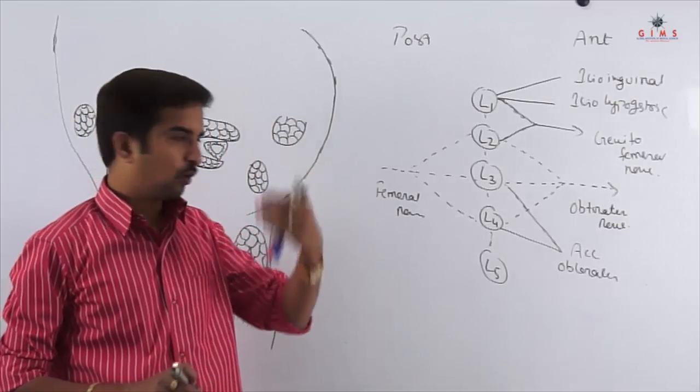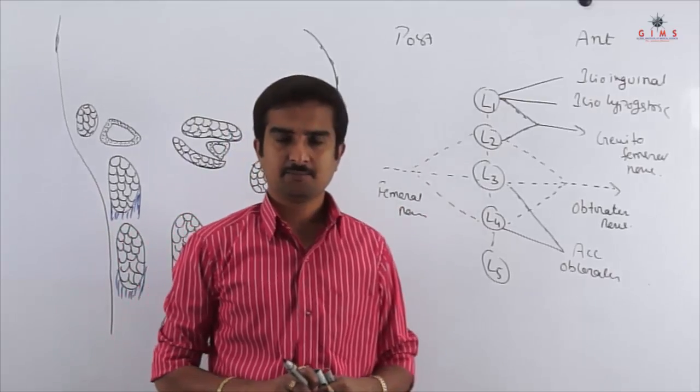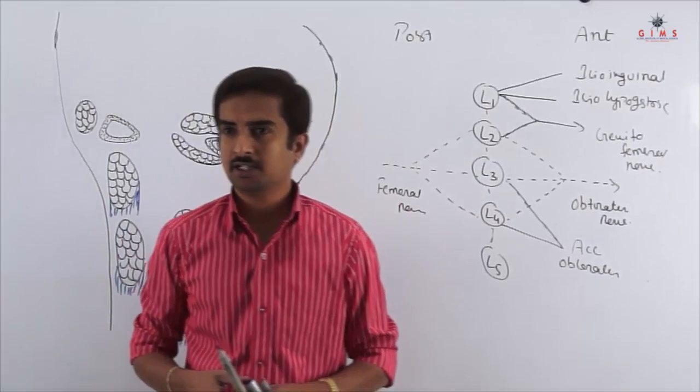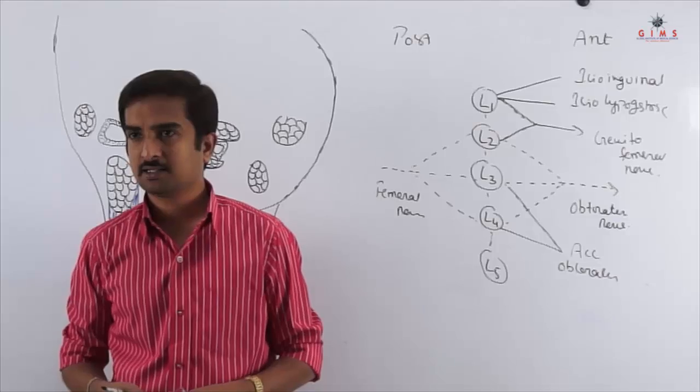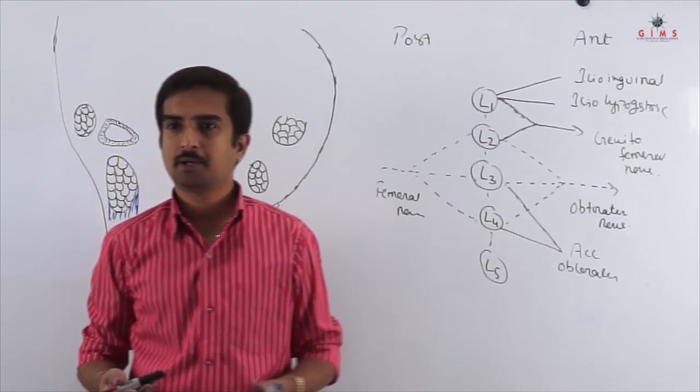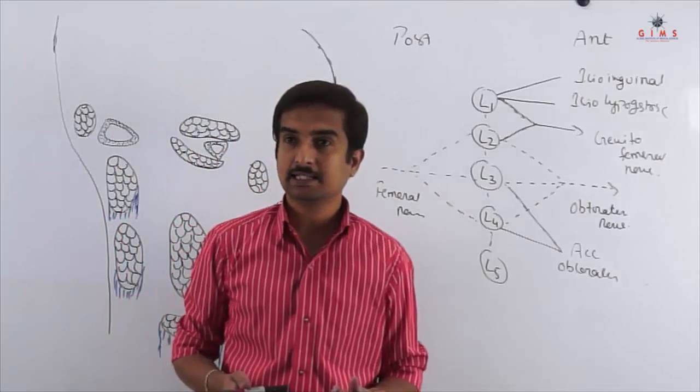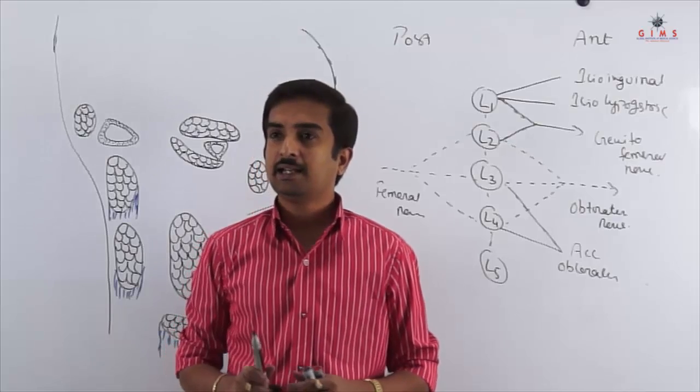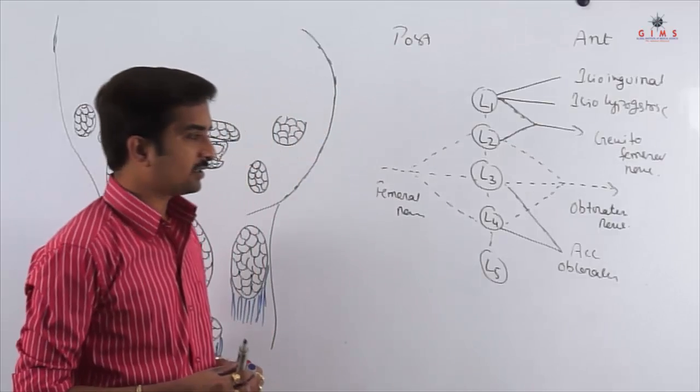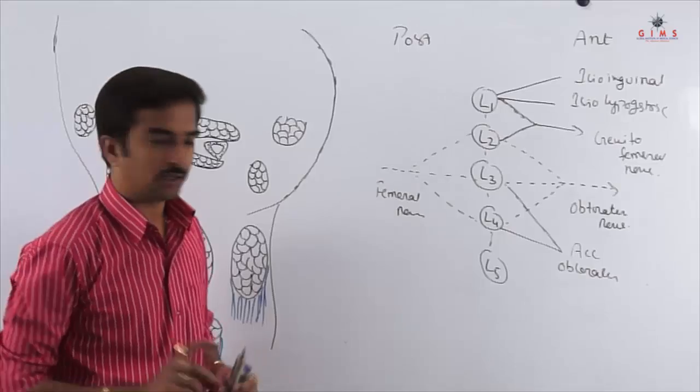If you see the course of this obturator nerve, the upper part of the nerve mainly lies in the pelvis, and it enters the thigh by passing through the obturator canal.